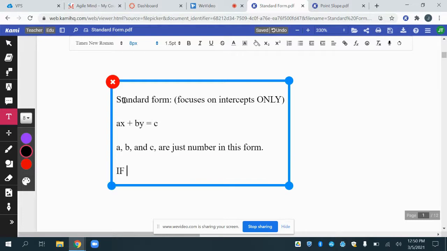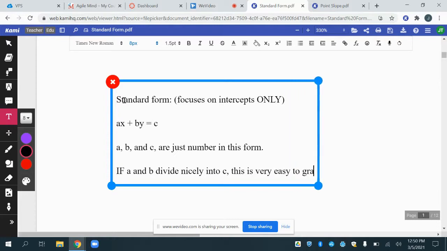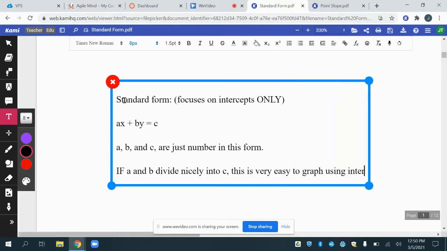And if a and b divide nicely into c, this is very easy to graph using intercepts.